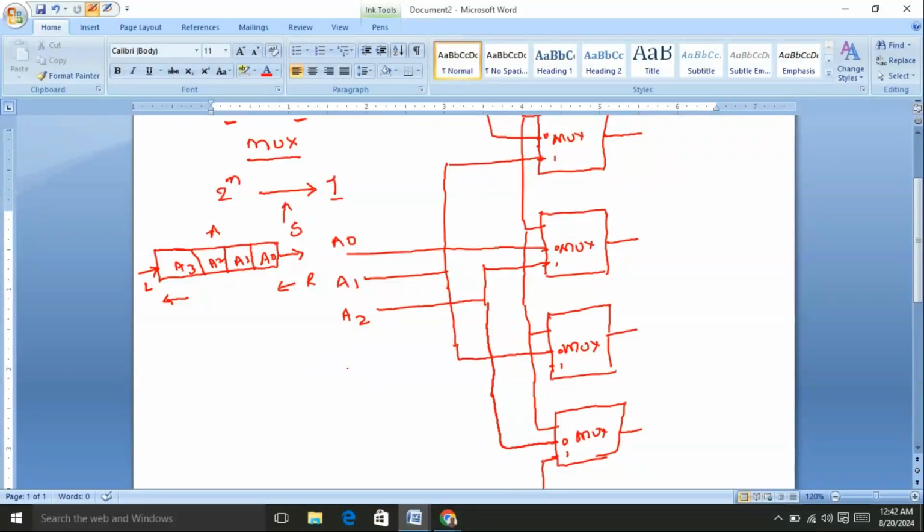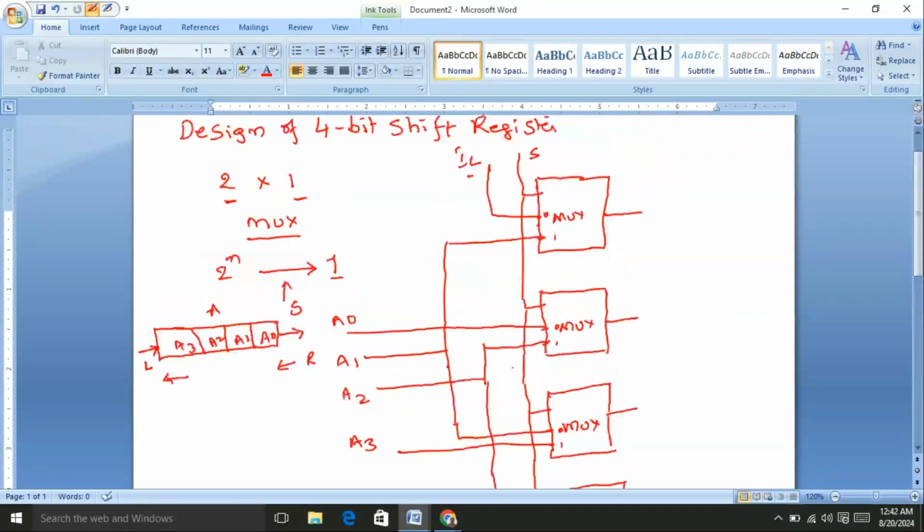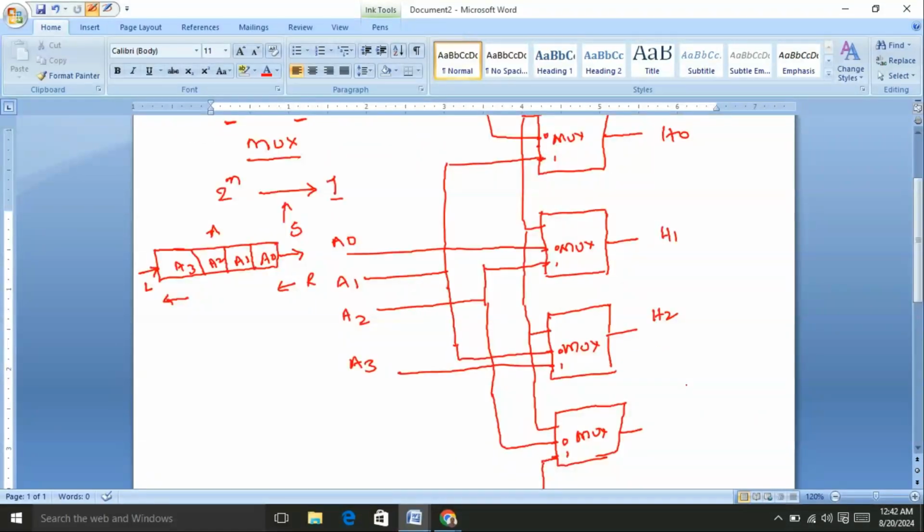The final bit A3 is connected to one of the inputs of the third multiplexer. This is the design of the 4-bit shift register. The outputs H0, H1, H2 and H3 represent the shifting of the bits.